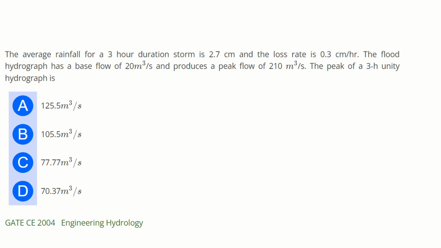Let's go to the next question. In the next question, this is a very straightforward question. The rainfall is given, loss rate is given, that means phi index is given. So precipitation is given as 2.7, phi index is given as 0.3 centimeter per hour, the rainfall duration T is given, that means 3 hours.